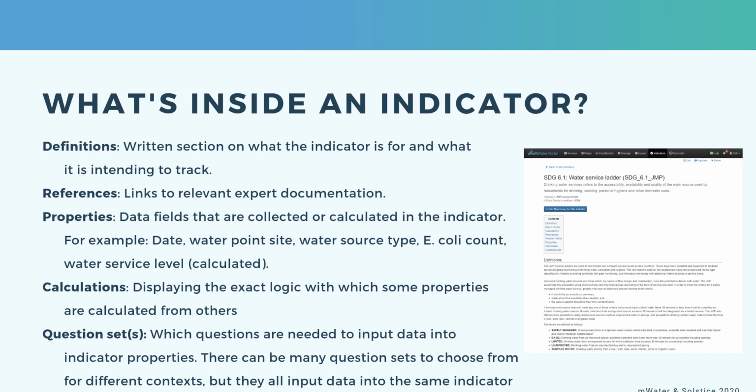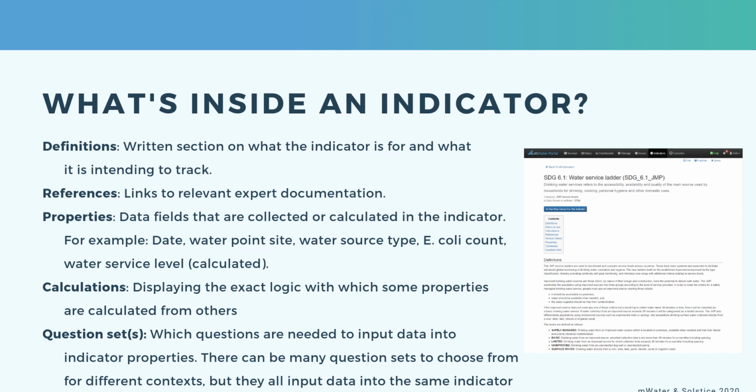An absolutely critical thing for indicators to contain are its properties, which are the data fields that are collected within an indicator or calculated on the basis of some other properties. So examples of properties would be the date that an indicator is collected, a water point site, so the digital representation of the infrastructure of water points, the water source type, for example, the E. coli count. Those are examples of data fields that would be input by enumerators or users.